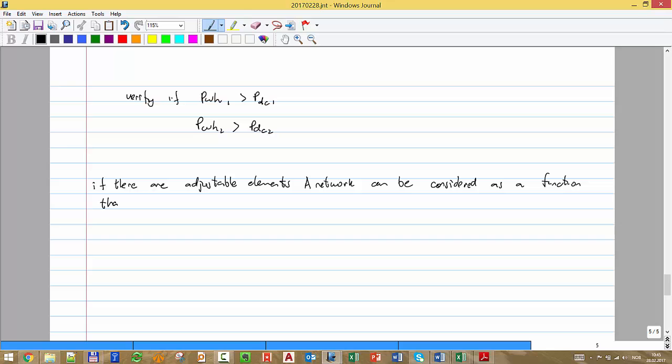that provides well rates, that's the output, okay, that's the output of the function, with certain setting of the adjustable elements, okay, and that's the input.